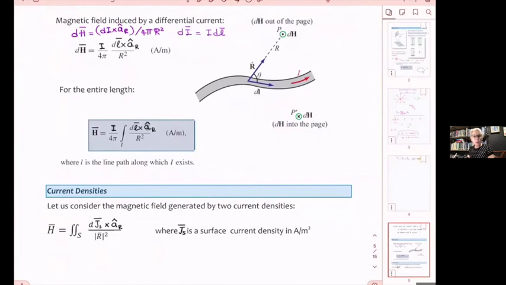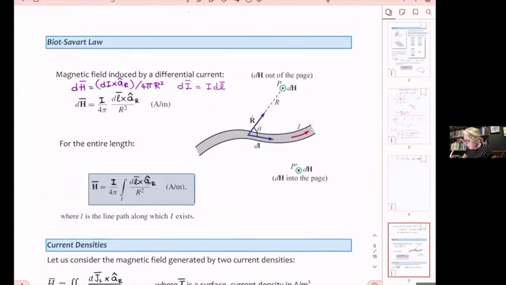So if I have a wire, at some point in space I feel a magnetic field.